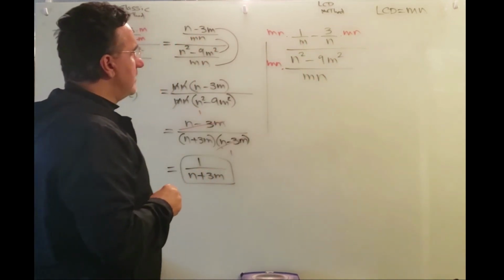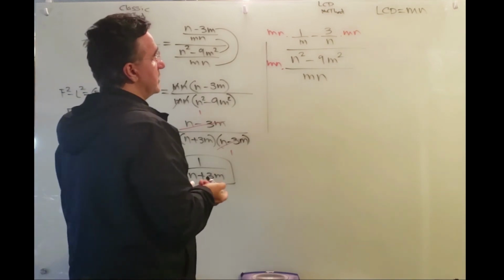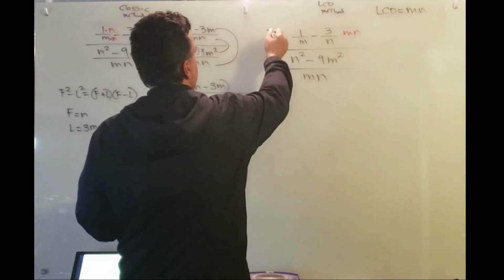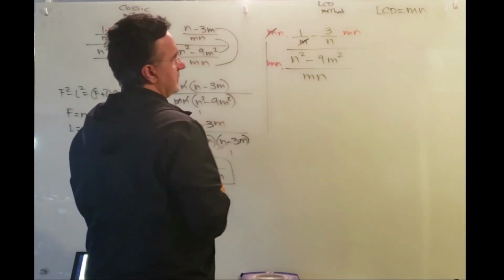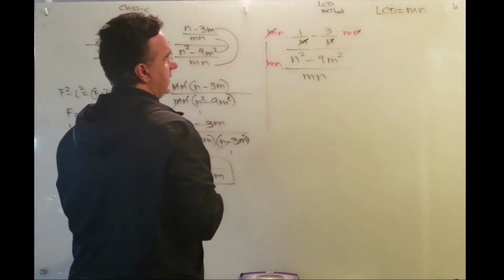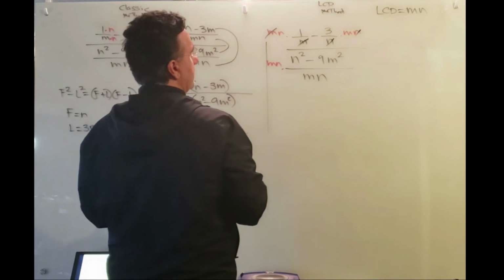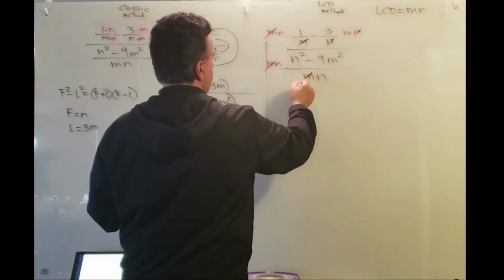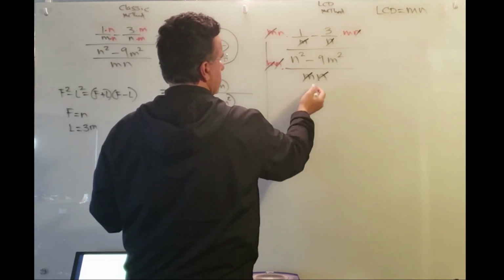All right, now we go ahead and cross cancel as much as we can. Notice the m's cancel out. Notice the n's also cancel out, right? So here, both m and n cancel out, just leaving a 1.